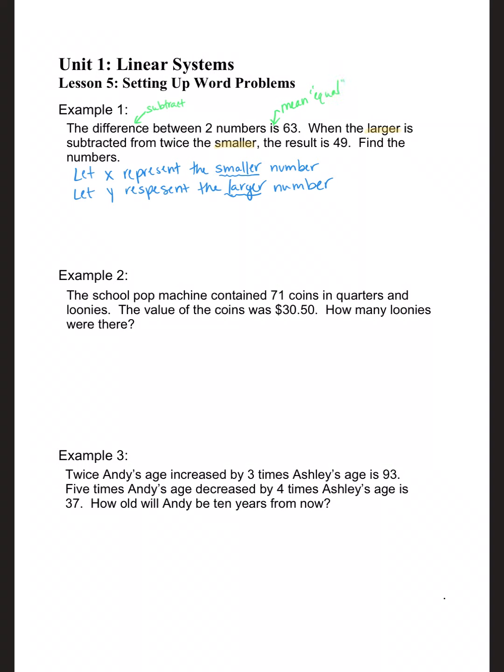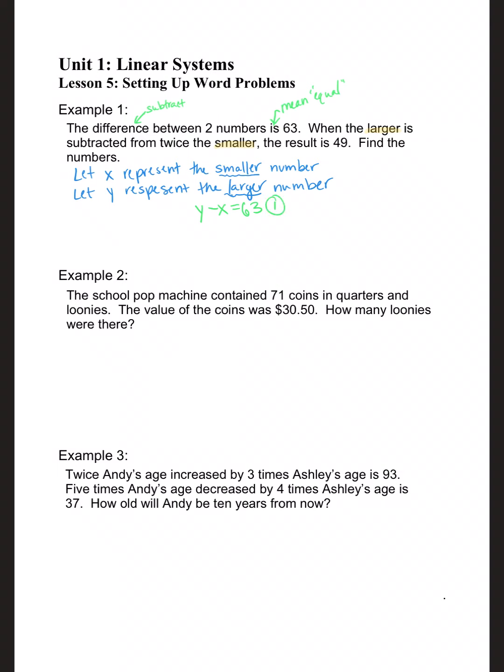If the result of that is 63, that's a positive number, so we need to do our larger number minus our smaller number in order to get a positive number. Our larger number is y, our smaller number is x, and that is equal to 63. So that's my equation 1.